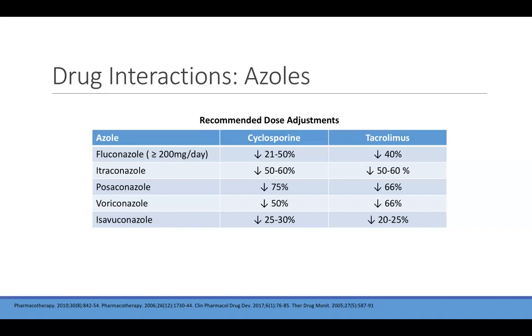And isavuconazole is the least potent CYP3A4 inhibitor out of all of these azoles. So that one you can reduce by a fourth as opposed to the rest of these agents. But again, a lot of it is dose dependent, especially with the fluconazole, but the posaconazole and voriconazole, you should empirically dose reduce off the bat when starting these medications.